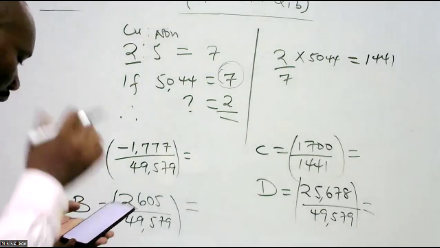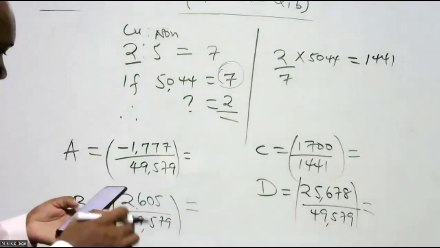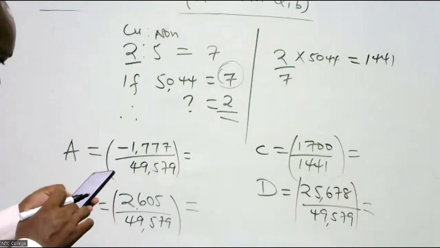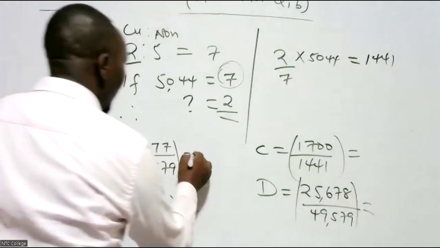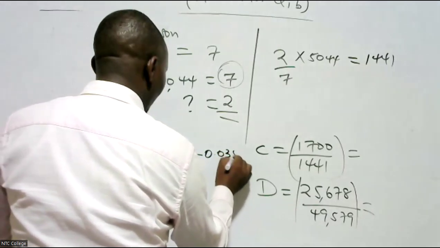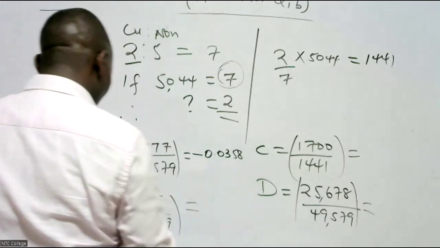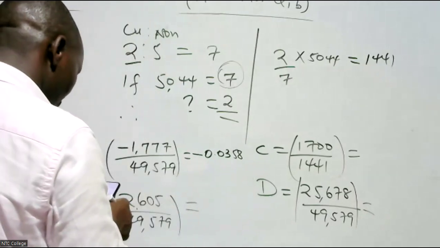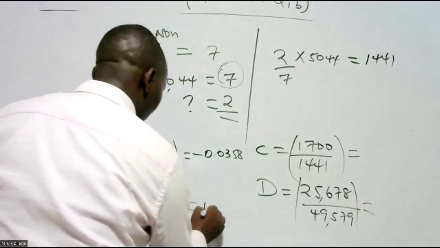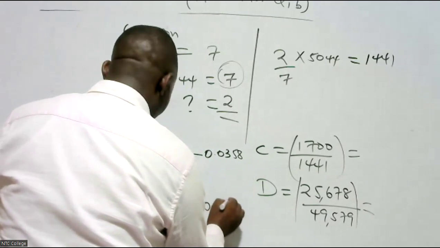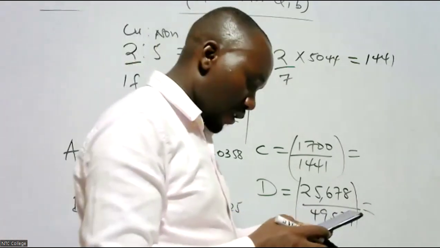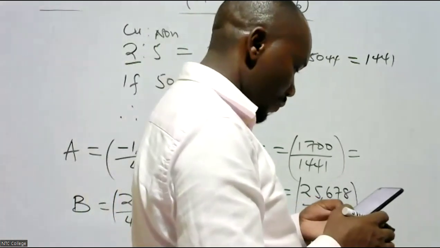So I'm waiting for the figures. You guys are silent, really. Instead of just telling me that this one divided by this, 49,579, is 0.0358, and this one is 0.0525. Instead of giving me these answers, you have decided to keep quiet so that we waste time here.